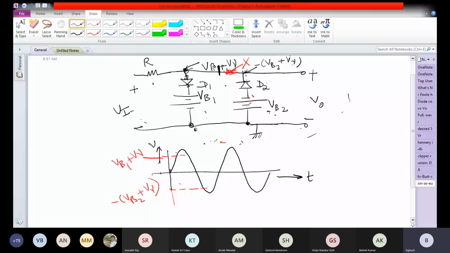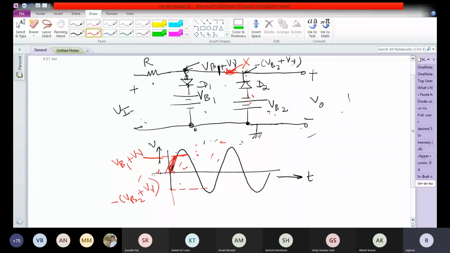So the output voltage will be here like that, not rising over VB1 plus V gamma. Assume the red curve to follow the black curve. Here it is following the black curve.